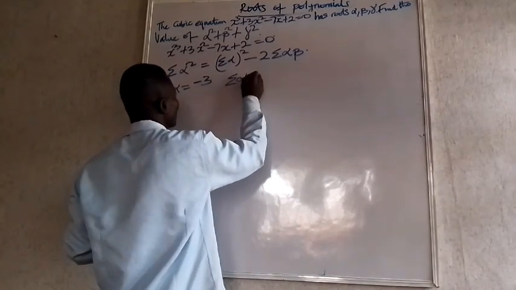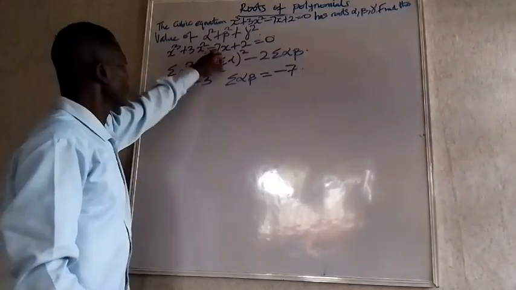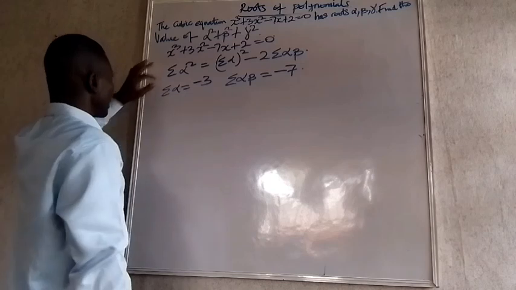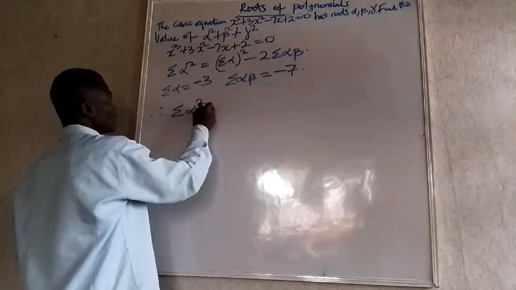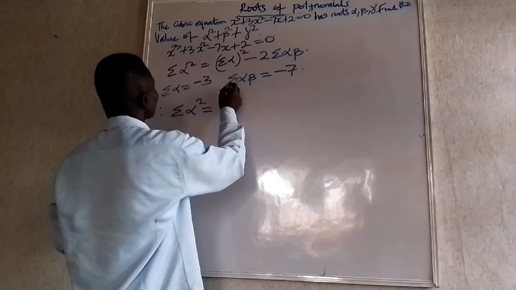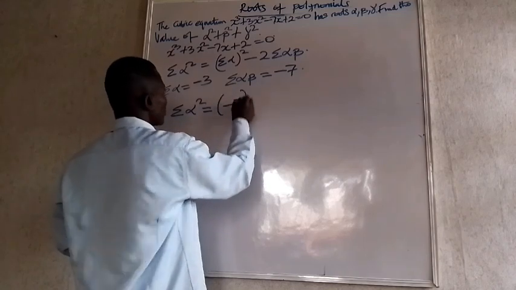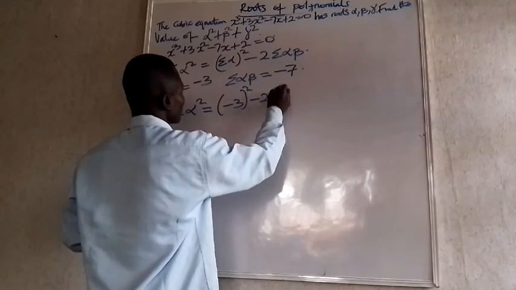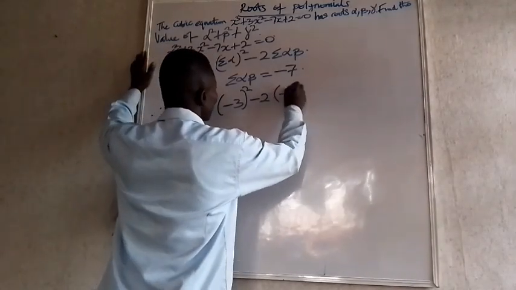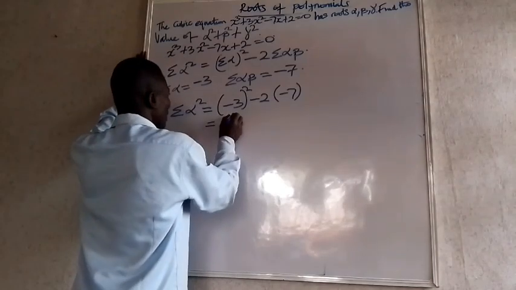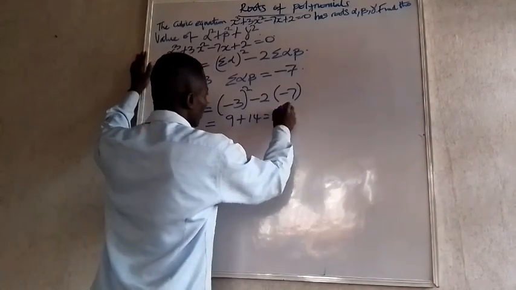Summation alpha beta is equal to minus 7 over 1. Therefore, summation alpha squared is equal to minus 3 squared minus 2 into minus 7. And this is 9 plus 14, that's 23.